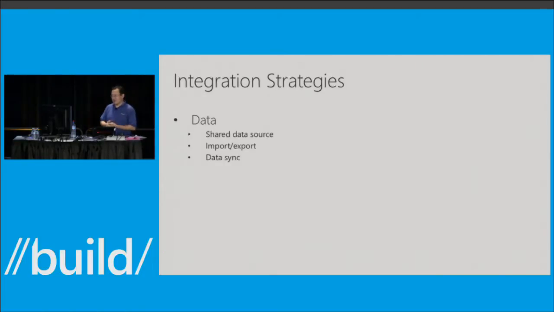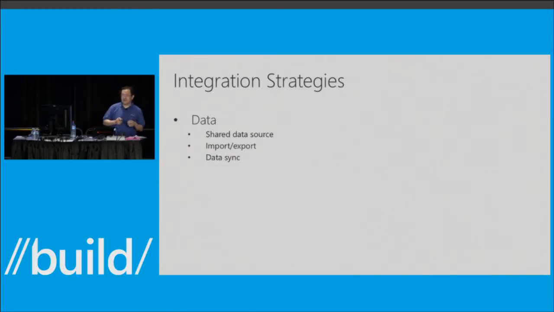Of course, there are problems if you take this approach. All the 3 choices you've seen here have their own problems. For instance, the shared data source creates a very tight coupling among your systems, which means all your systems have to understand the exact same database schema.